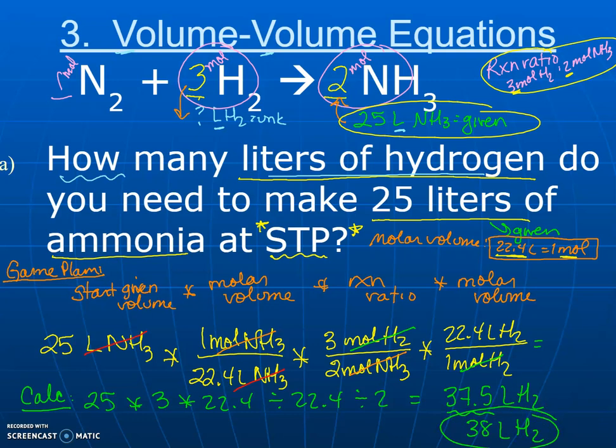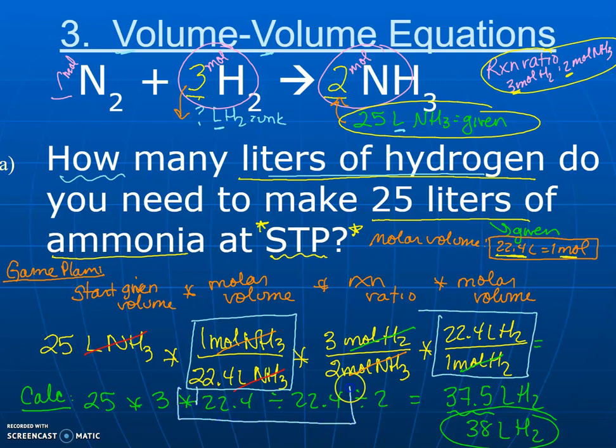So if we take a little sneak peek back at what we did, this step right here and this step right here allowed for us to multiply and then divide by the exact same number. So really, all that these volume-volume problems are is taking the given times the ratio.